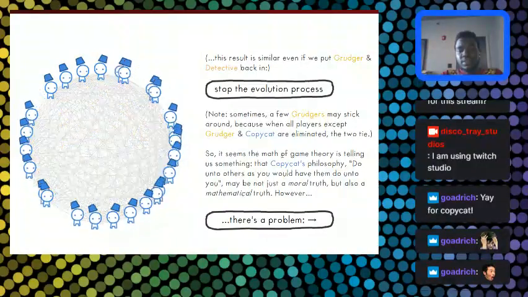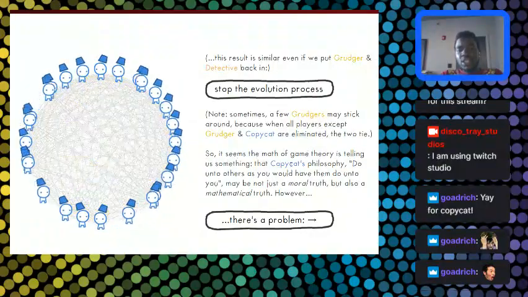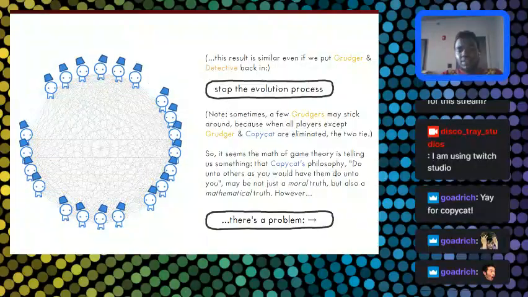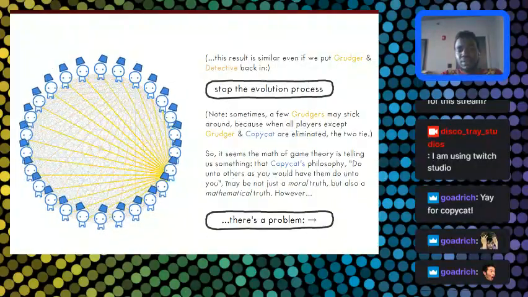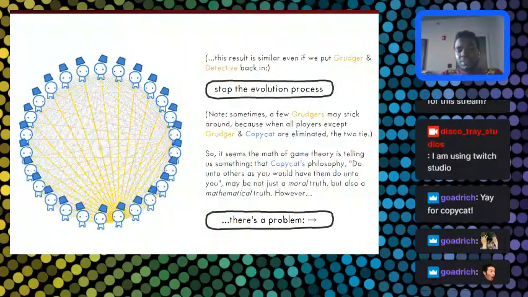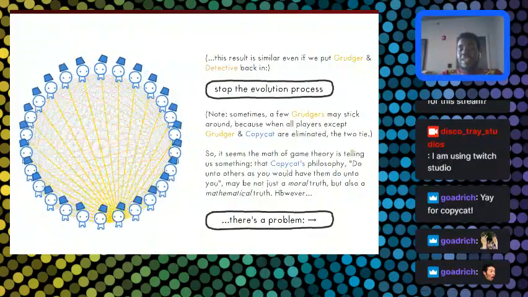So it seems the math of game theory is telling us that the copycat philosophy, do unto others as you have done unto you, may be not just a moral truth, but also a mathematical truth. I'm a little shocked.